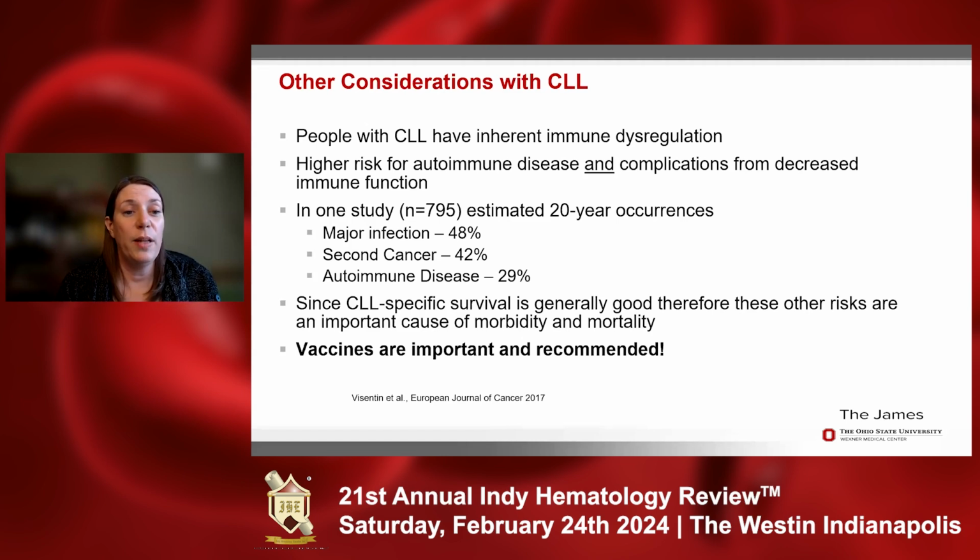And in one study with a large number of people, you can see that risk of infection, other cancers, and autoimmune diseases over 20 years is actually very high for people with CLL. And because our treatment for the disease is so effective and survival from CLL is very good, these other things can be an important cause of morbidity and even cause people's deaths.